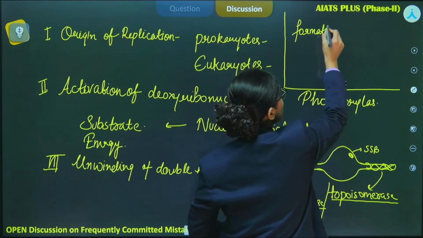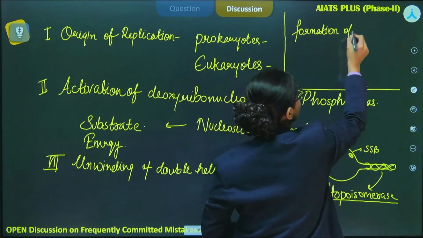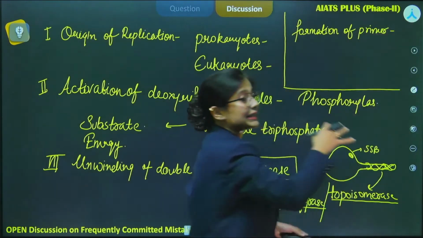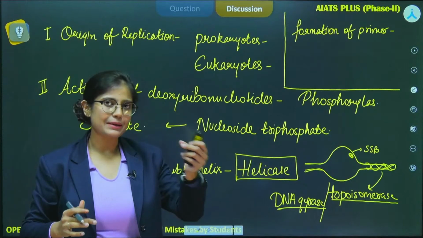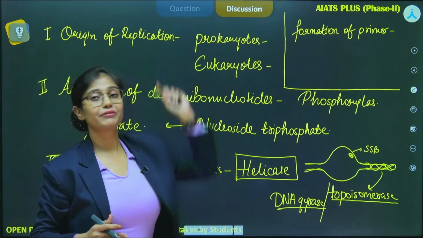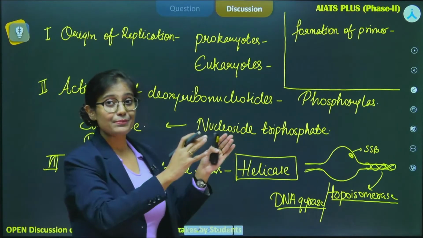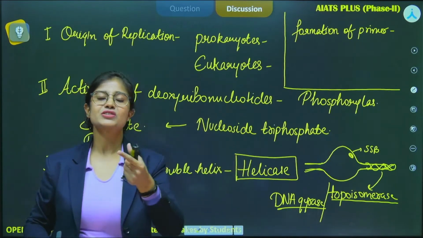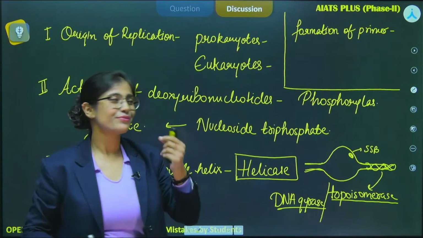Why is primer required? For initiating any type of process, one stepping stone is required, which will be given by this enzyme, primase, and it will form the primer, which is a small stretch of RNA.